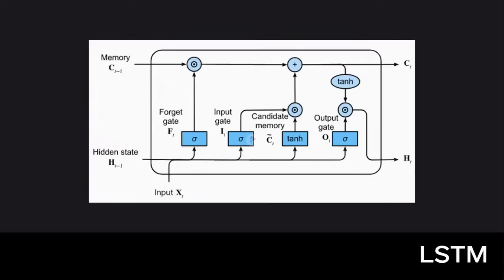So we have a lot of gates here which decide. We have a forget gate to decide whether the past should be remembered or forgotten. We have an input gate to store the input, and we have an output gate to generate the output. And all these are processed through a memory cell. It is called a memory cell.